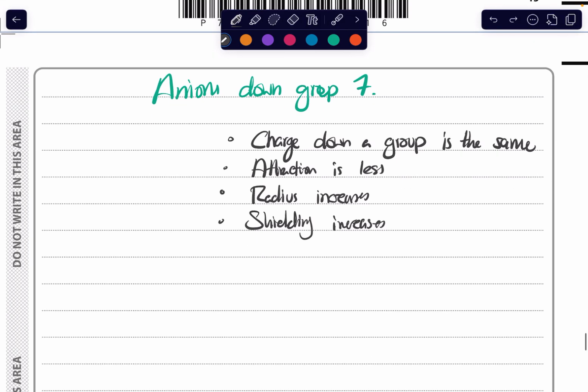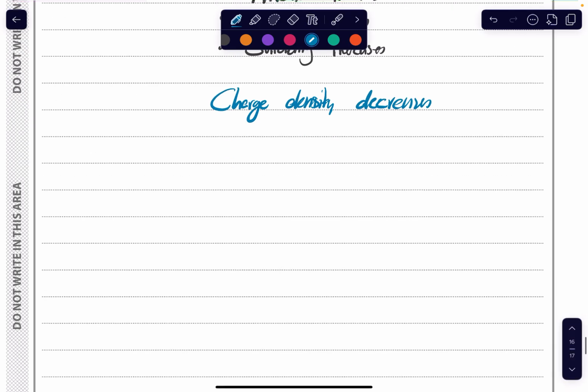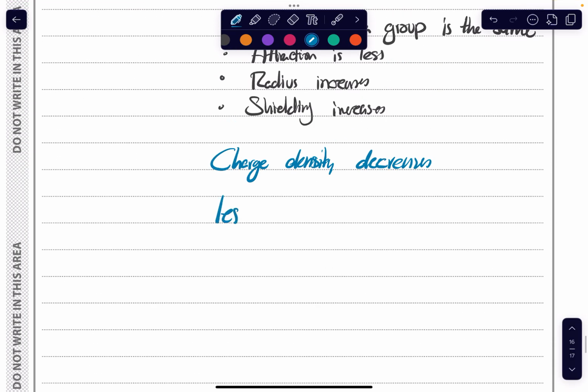So because of this, my charge density decreases. They're bigger with the same amount of charge. Because they're bigger with the same amount of charge, this means there is less attraction between anions and water.